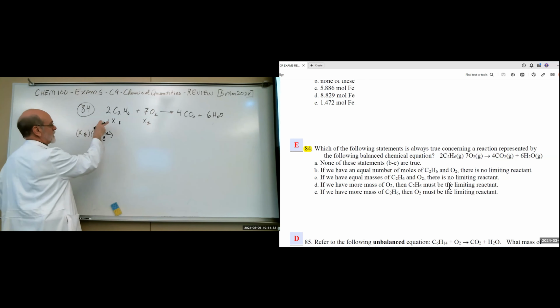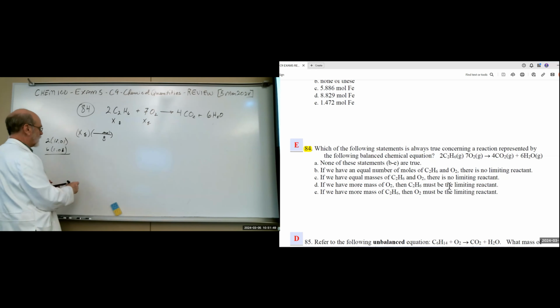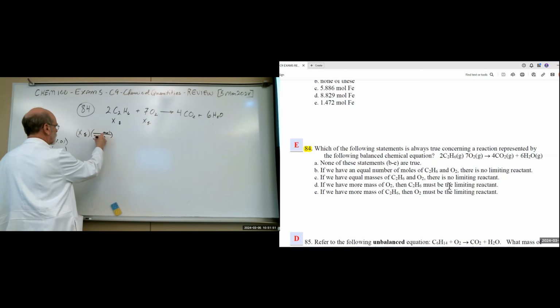All right, so C2H6 would be 2 times 12.01 and 6 times 1.01. So what's that? 24.02 and 6.06 is 30.08.